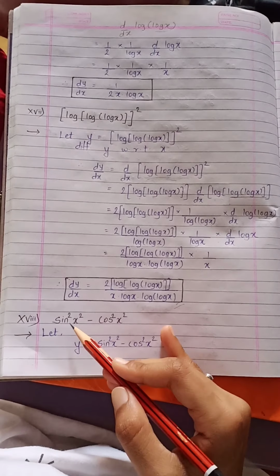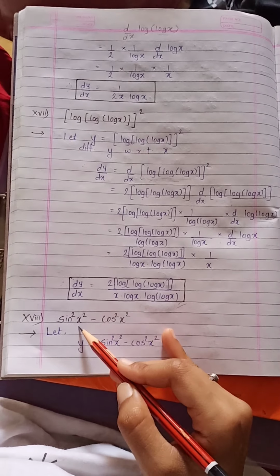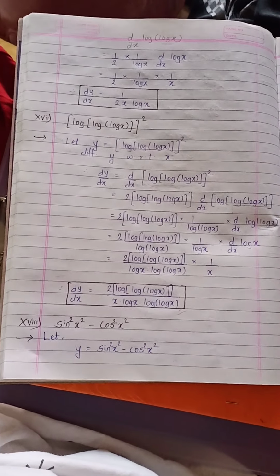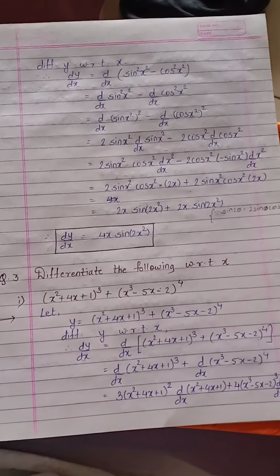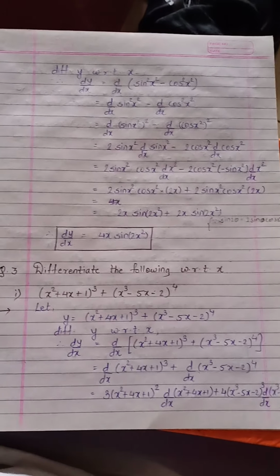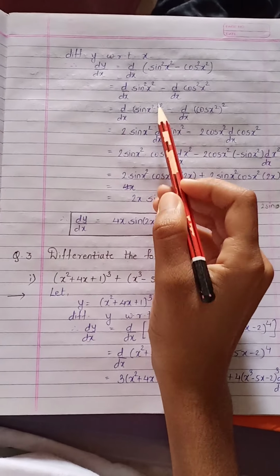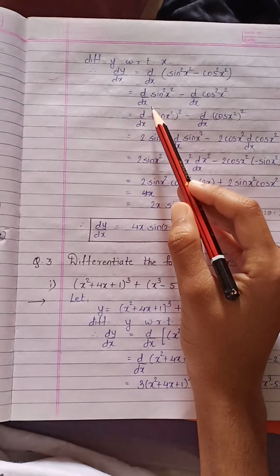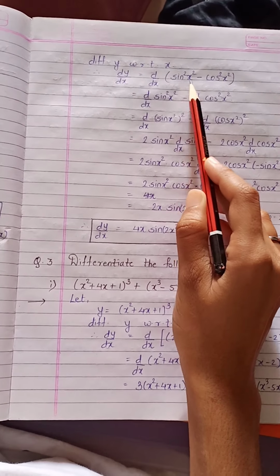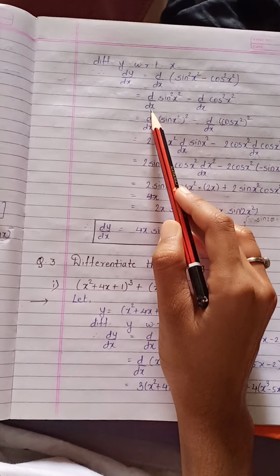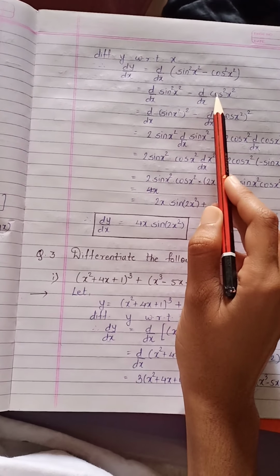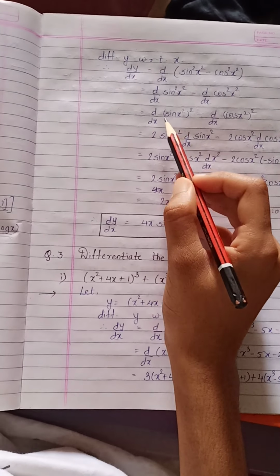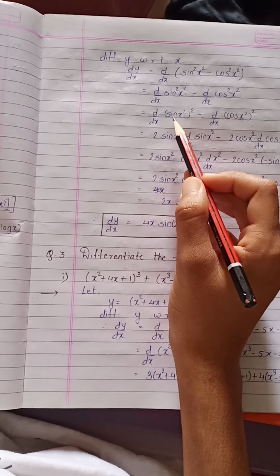Now the next question is sin square x square minus cos square of x square. Consider it as y. Now differentiate this y with respect to x and write the first step. Split the derivative on both the functions. So the derivative of sin square of x square minus the derivative of cos square of x square. Now as it is a trigonometric function, हम उसको पहले रेस्ट टू n पावर के फॉर्म में लिखेंगे.